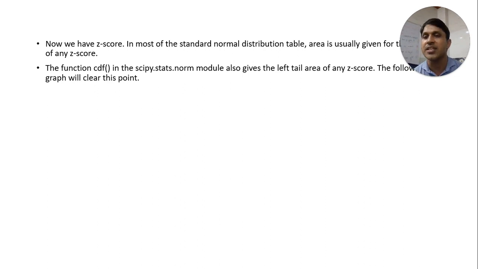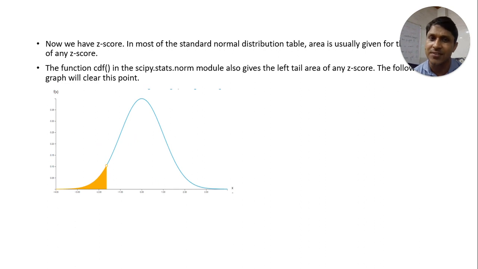The function cdf in the scipy.stats.norm module also gives the left tail area of any z-score. The following graph will clear this point. In this graph, the area left of some z-score represents the probability that Z is less than that value.